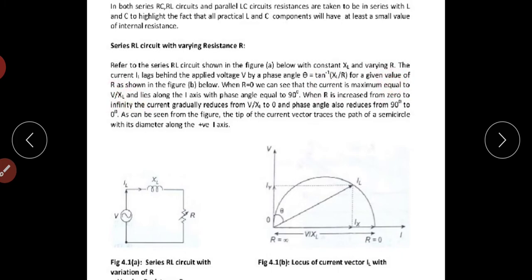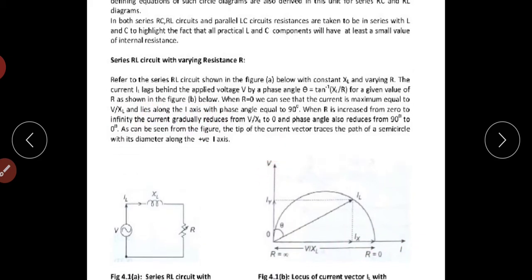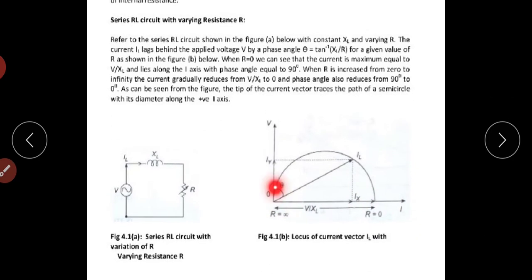Current I equals V by the square root of R square plus XL square. If R equals 0, current I equals V by XL, and it lies along the I axis. Okay, this is the I axis and this is the V axis. So the phase angle equals 90 degrees. In a pure inductive circuit, we know that the current lags the voltage by 90 degrees.